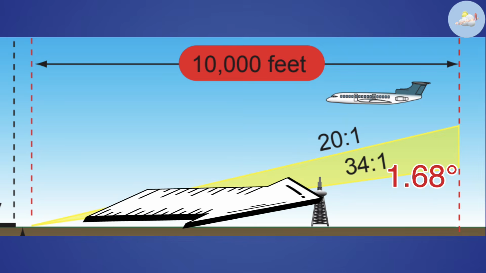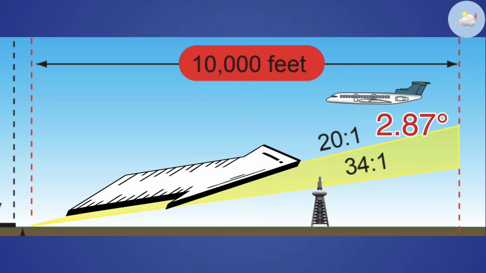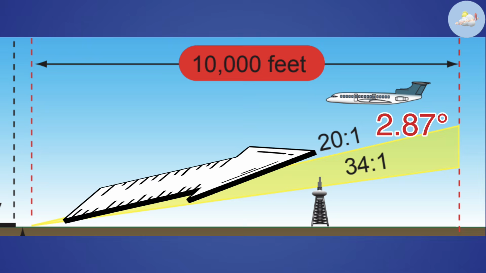Another slope that they send out at that same 200 foot before the threshold is at 20:1. Again, this means for every 20 feet you go out, you go up 1 foot. And this ends up being about 2.87 degrees. And you eagle-eye pilots out there will notice that 2.87 is just shy of that standard 3 degrees.